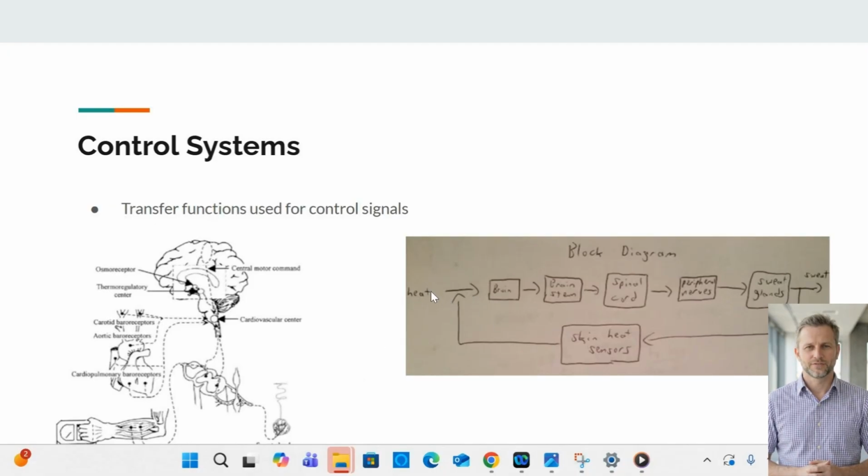You might have systems going through your nervous system detecting it's really hot and then saying let's activate those sweat glands to cool yourself off, and then a feedback loop. So this was a lot of functions used for control signals, including feedback loops that can tell the initial system, okay, we need to get warmer, or we need to get cooler, stuff like that.